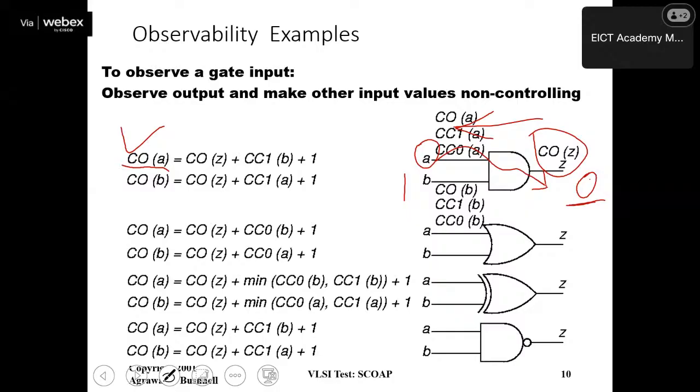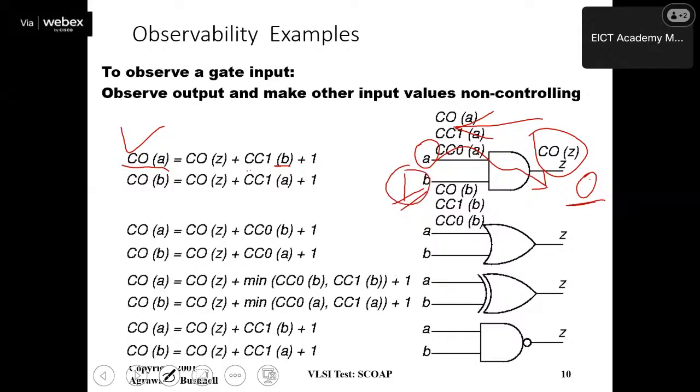So if I want to find out the observability of any input of an AND gate, I will make sure that all other inputs, if there are multiple inputs, are set to the non-controlling value. The non-controlling value is 1. And because of that, CC1 of B, putting that value to 1, is what?